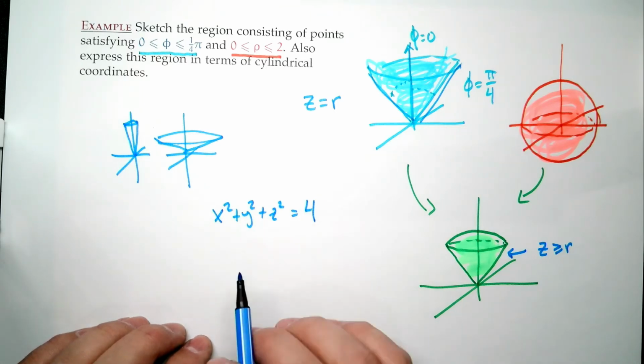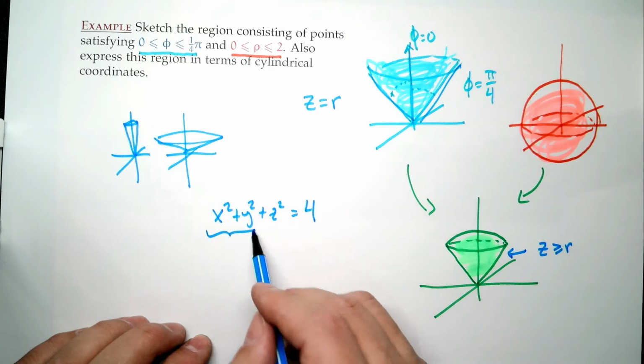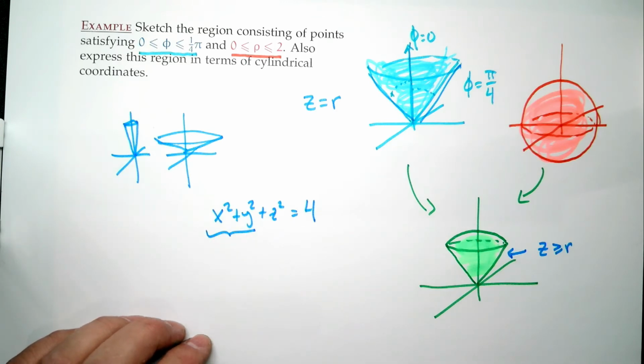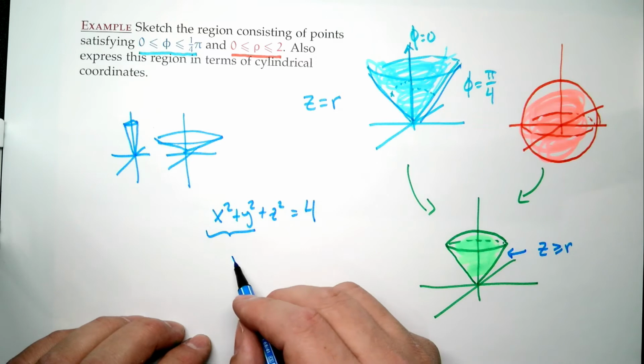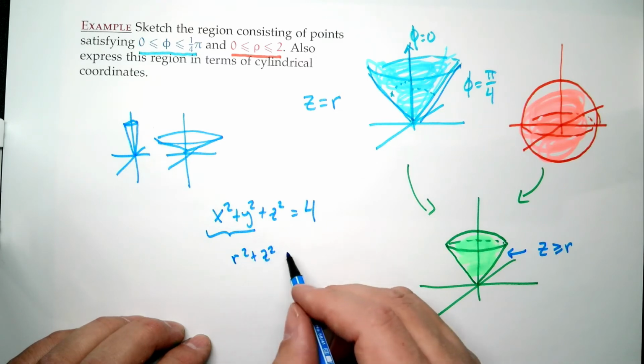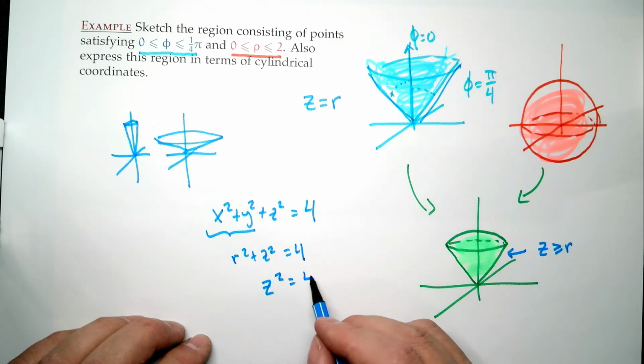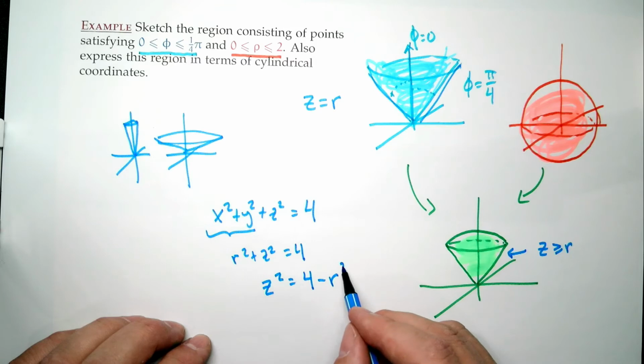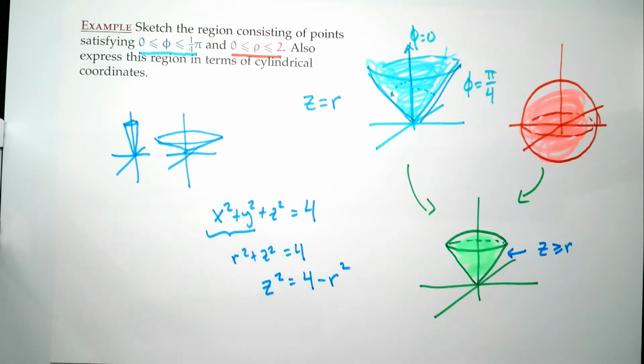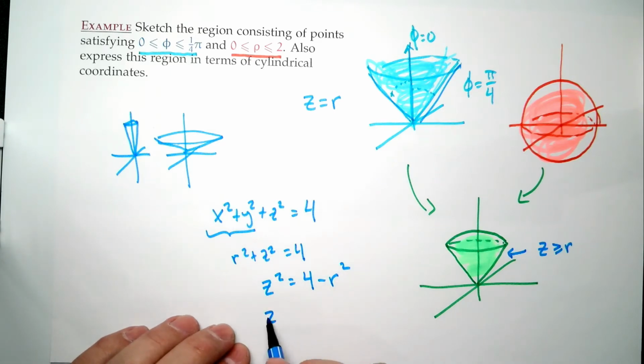If I switch to cylindrical, x squared plus y squared becomes r squared, so r squared plus z squared equals 4. Now I can solve for z because I want to describe things in terms of z. So z squared is 4 minus r squared, and solving one more step, z equals plus or minus the square root of 4 minus r squared.